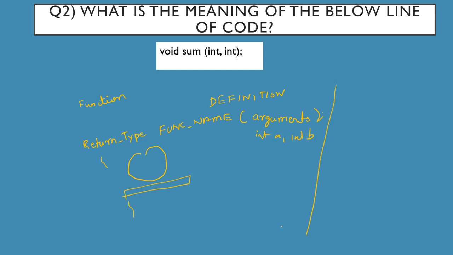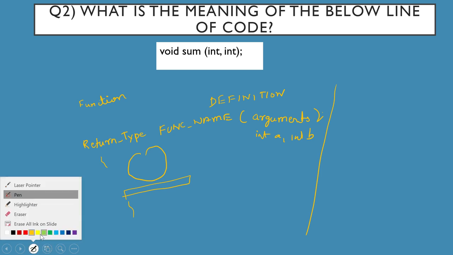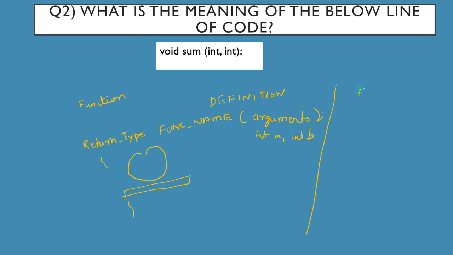On the other hand, there is something called a function declaration. Here you have void, that is, nothing will be returned. Here you have two int arguments, but a and b are not mentioned. So this is a function declaration.